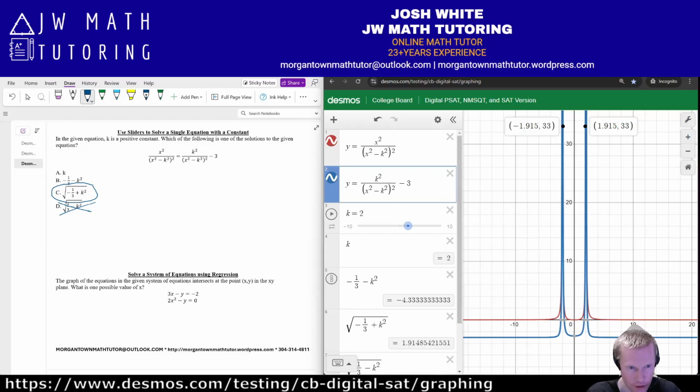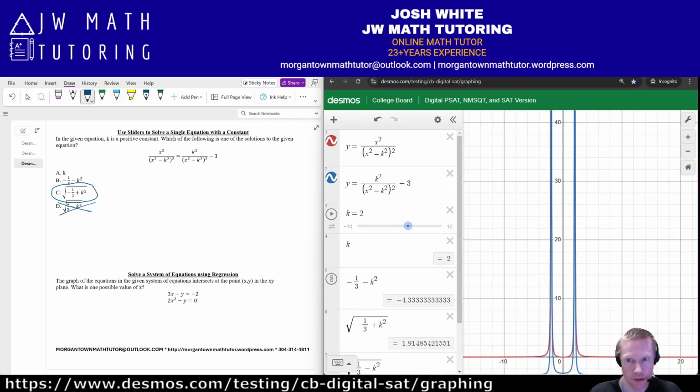Y value of 33. So looking at our answers, it's not 2, it's not negative 4.3, it's positive 1.915. So this just confirms that the answer choice is C. Again, one thing that could be an issue with some of these types of problems is that, due to the shape of the graphs, it can be difficult to find the intersection points themselves.